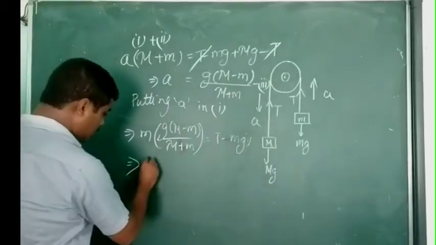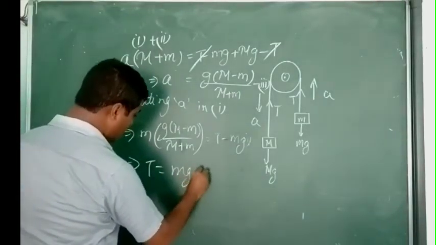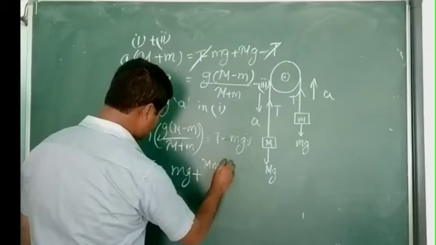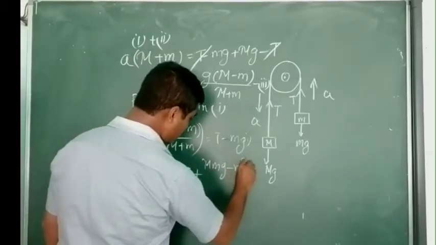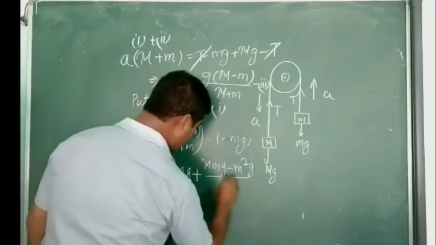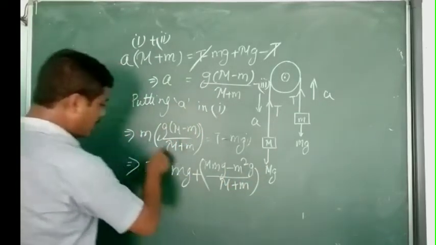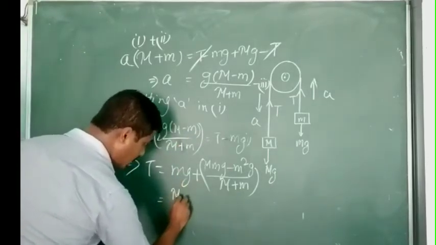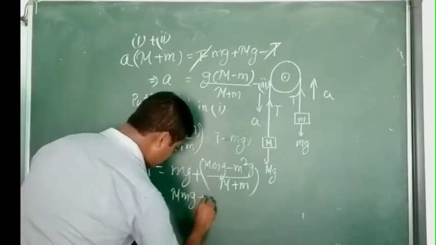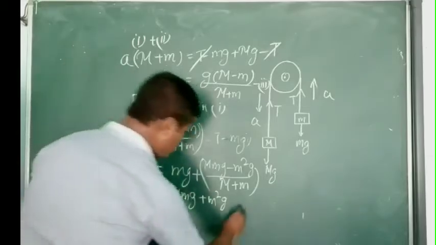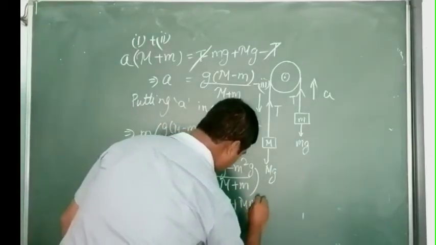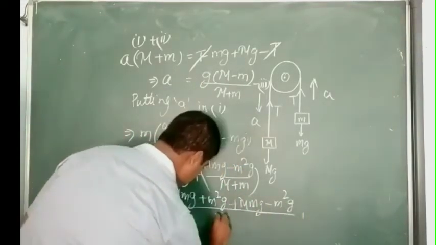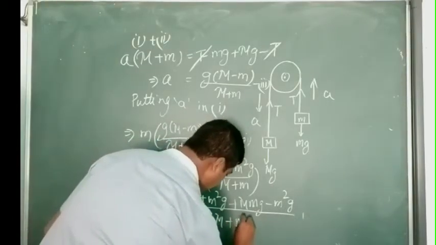T will be equal to mg plus, if I multiply this part, we will get capital M small m into g minus m square into g, divided by M plus m. If I cross multiply, it will be Mmg plus m square g after taking the LCM, plus Mmg minus m square g, divided by M plus m.